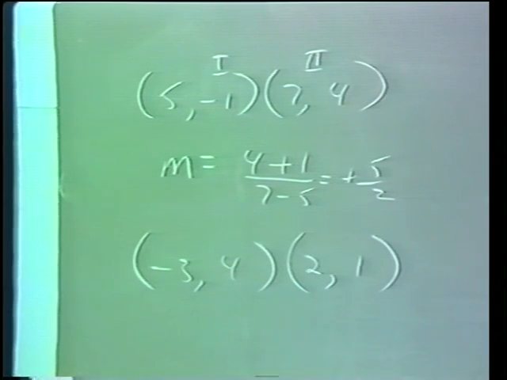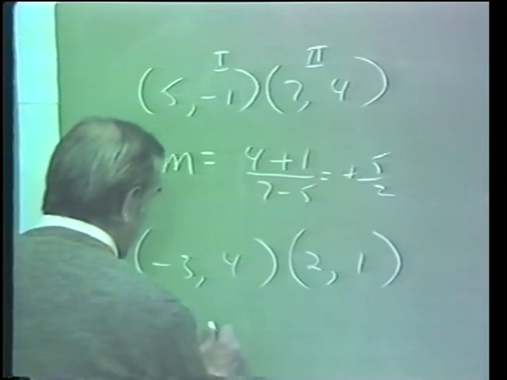Okay, what'd you get for the slope of this line? Negative 3/5. Everybody agree with that? Sure, that's correct.